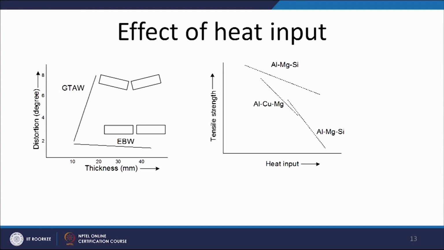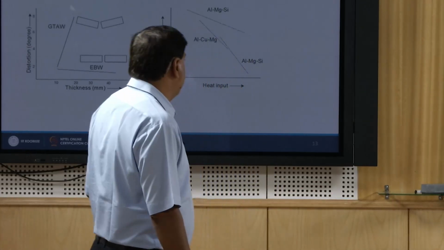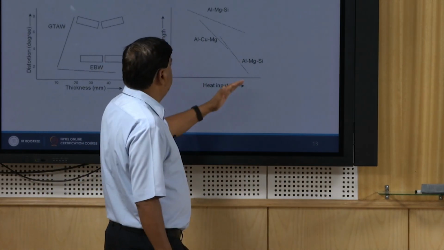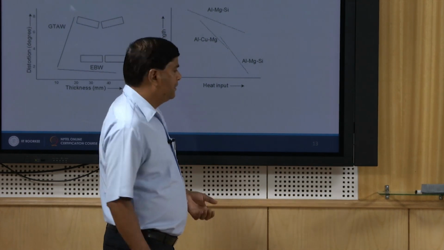Similarly, the heat input also affects the tensile strength of the weld joint, especially in the case of precipitation hardening systems like aluminum alloys. We can see that in general an increase in heat input decreases the strength of the weld joint, and this is because reversion, dissolution and coarsening of the precipitates all happen with the increase in heat input, which in turn adversely affects the strength of the weld joints.